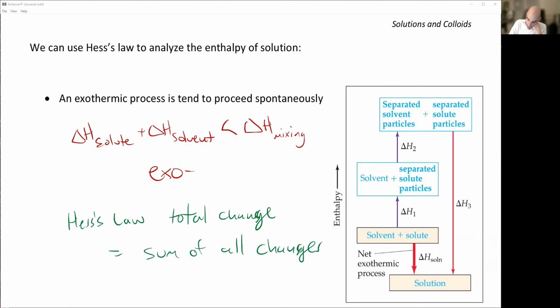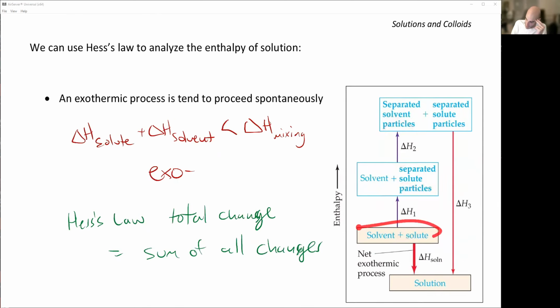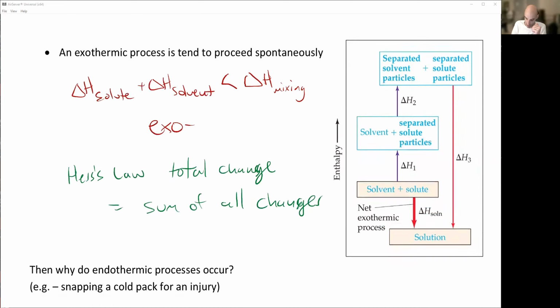So by separating the solute, separating the solvent, and mixing them together, my delta H3, the solute and solvent mixing, is going to give us energy back. We have a net exothermic process. So this should work. We should be able to mix these because we get an exothermic reaction.